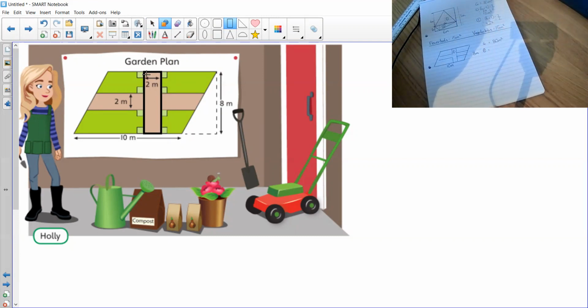I've been told the base here is 2 meters. Have I been told the height, this length down here? Yes, it's 8 meters, the perpendicular to the base. 2 times 8 gives me 16 meters squared. So part of the path is 16 meters squared.